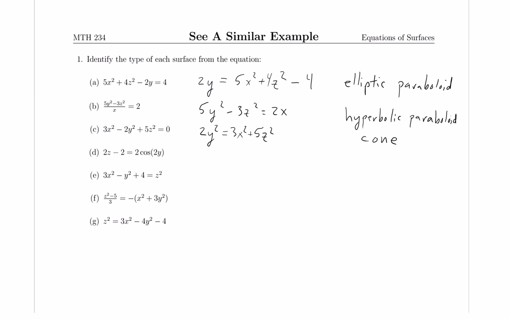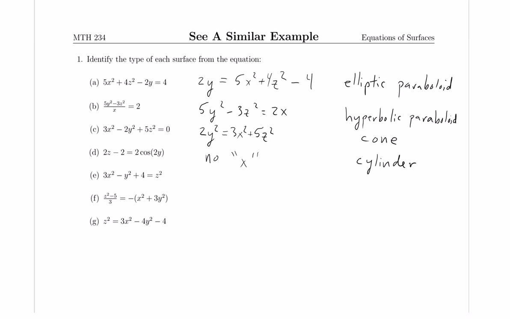We're missing the x variable in this equation. So that tells you that this is a cylinder. So we're not going to rearrange this equation. We're just going to notice that there's no x in the equation. And if one of the variables is missing, that tips us off that this is a cylinder.